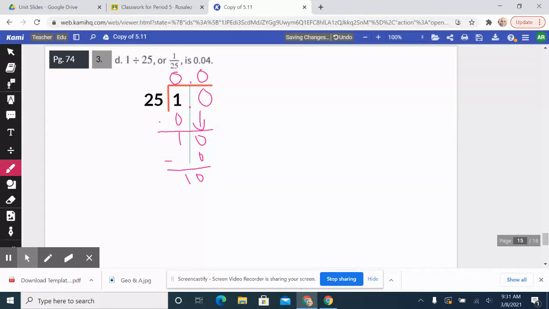Right? So now I'm going to add another 0, and I'm going to bring it down. Well, I know 25 goes into 100 4 times. 4 times 25 is 100. And I end up at 0. So your answer could be 0.04, or it can be .04.